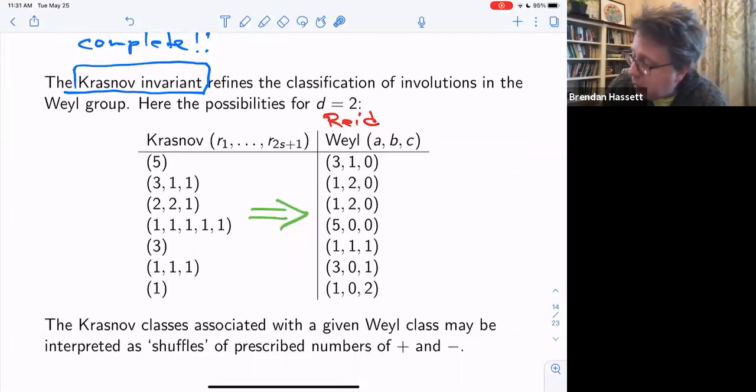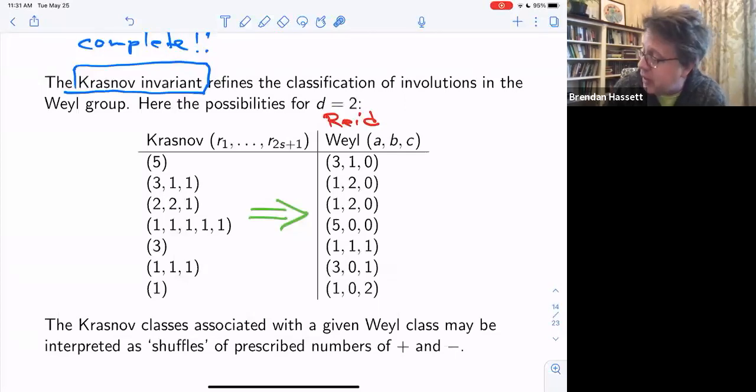So the Krasnov classes associated with the given Wall class can be interpreted as kind of shuffles. I fix the number of plus and minus signs, and then I just shuffle them in a way that's compatible with the antipodal condition. And so I found these numbers in the online encyclopedia of integer sequences.